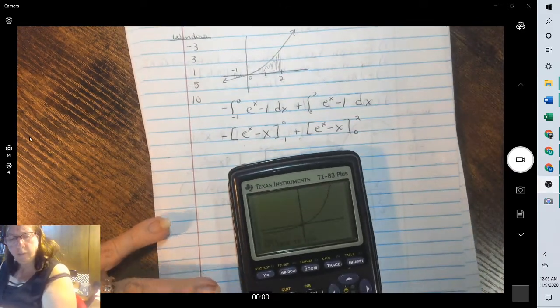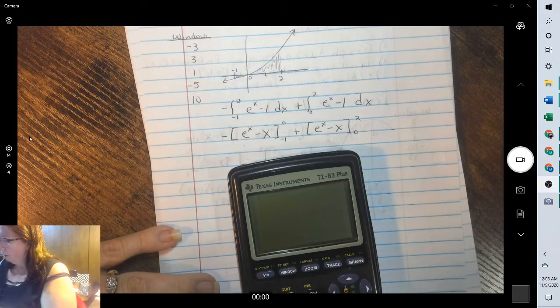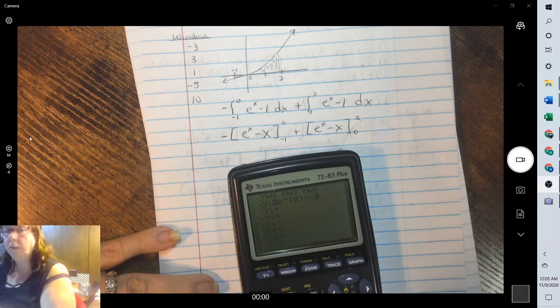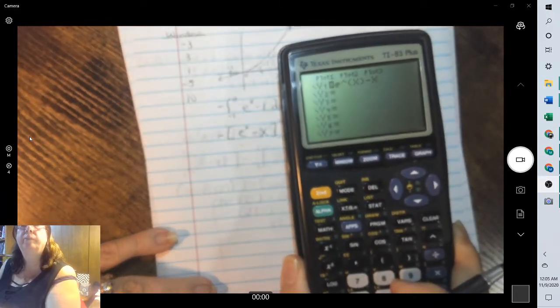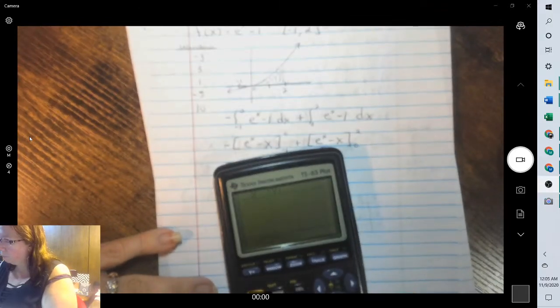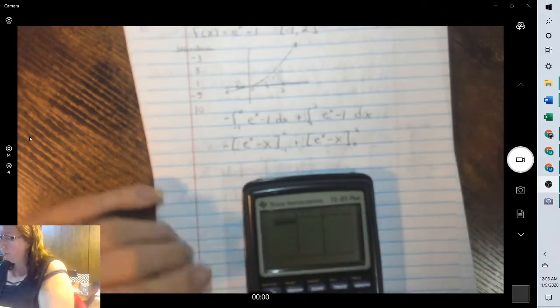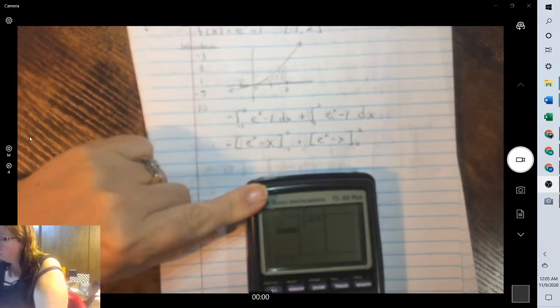Now this one I'm going to round to 4 decimal places. So we need to plug it into our calculator. It's e to the x minus x. And go to our table, and we're going to use negative 1, 0, and 2.